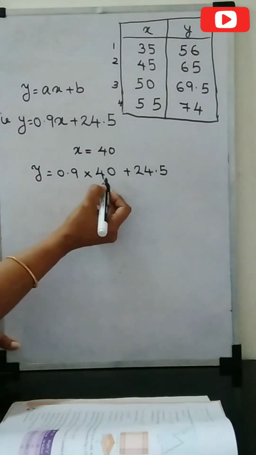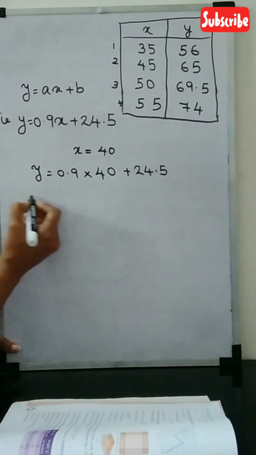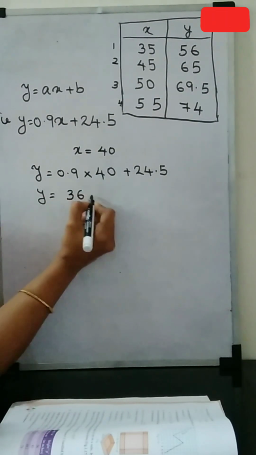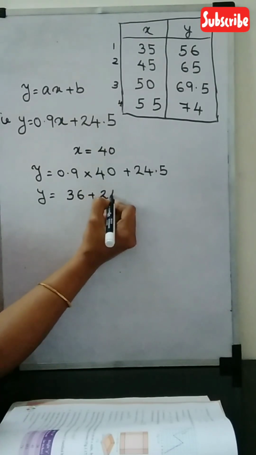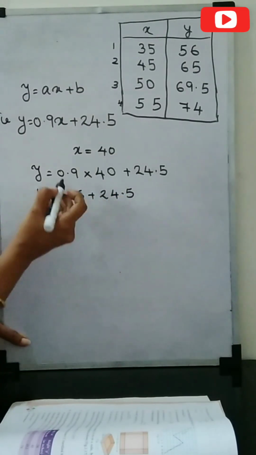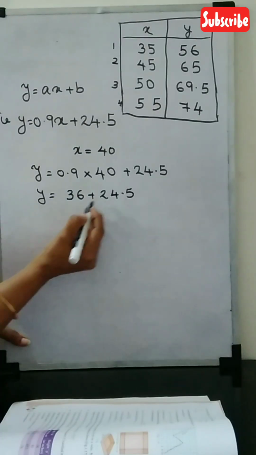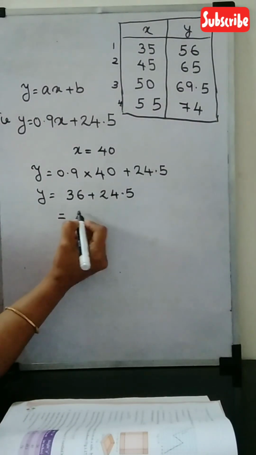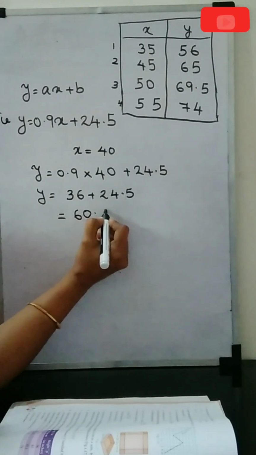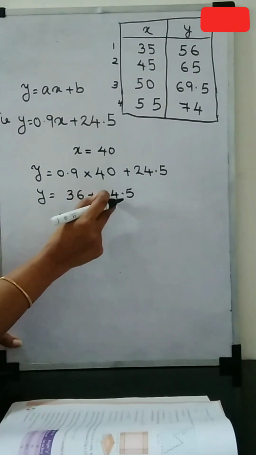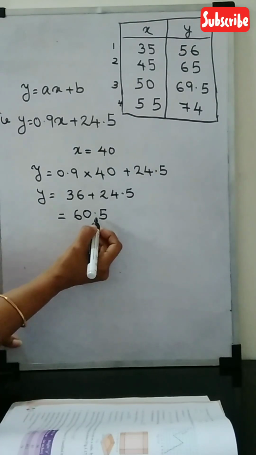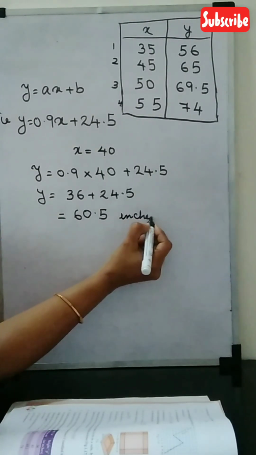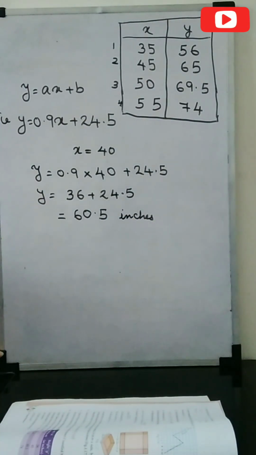So here our x value is 40. Okay, so that is y is equal to 36 plus 24.5. 0.9 into 40 is 36. Plus 24.5, that is equal to 60.5. Height is given in inches, so the answer is 60.5 inches.